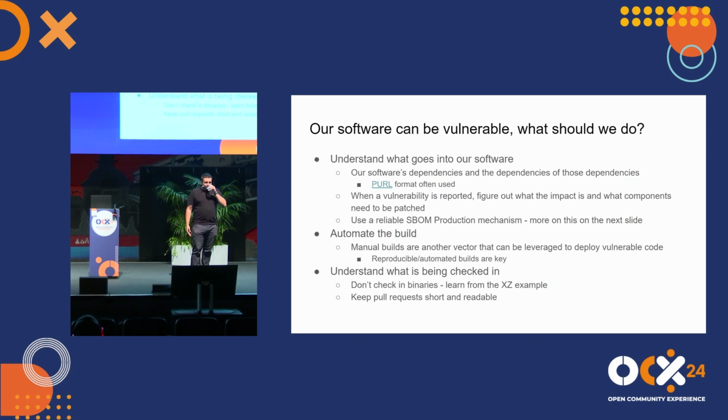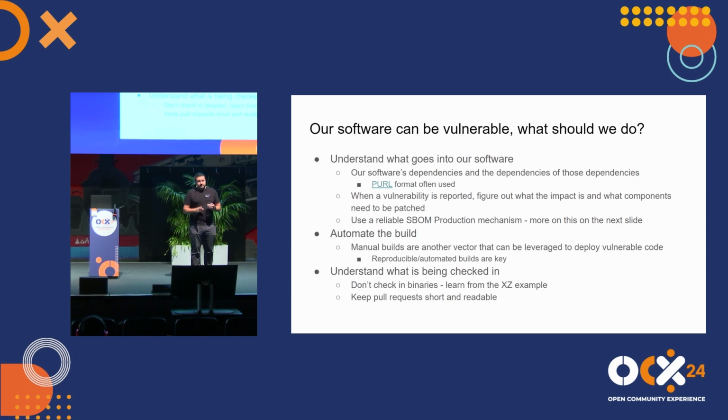It's a way to point to, for example, a dependency in Maven Central: PURL says it's a Maven Central dependency, and then gives the coordinates, including the group ID, the artifact ID, and the version. When a vulnerability is reported, we need to figure out what the impact is and what components need to be patched. And to understand what's in our software, we also want to use a reliable SBOM production mechanism. There's more on this on the next slide.